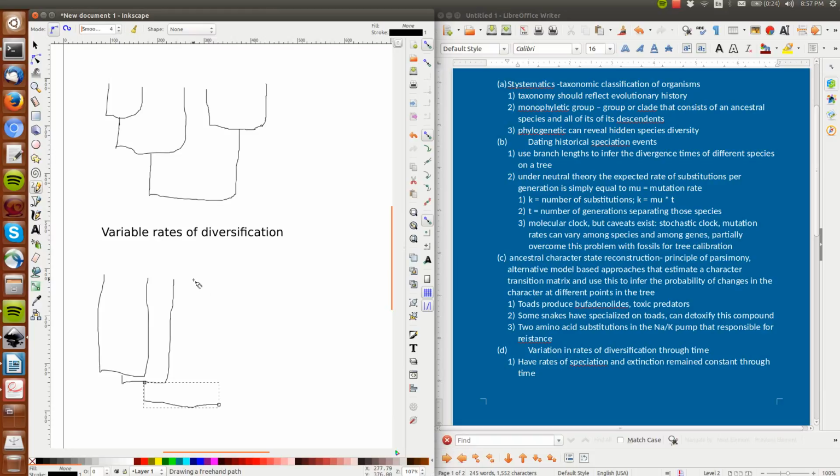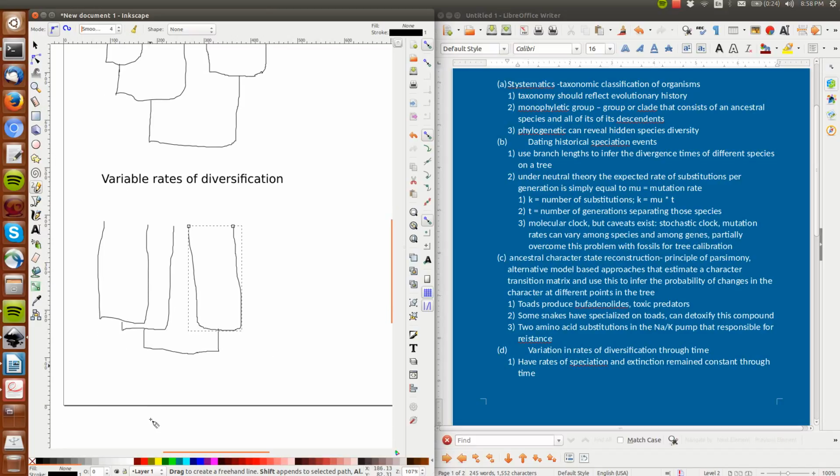Where essentially all of the speciation events occurred in the distant past. And since then, either any new species that have emerged have gone extinct, or the rate of speciation slowed down. So either the rate of speciation slowed down, or the rate of extinction sped up, so that there's been no net diversification since this period in the past. So something's happened to the rate of diversification.